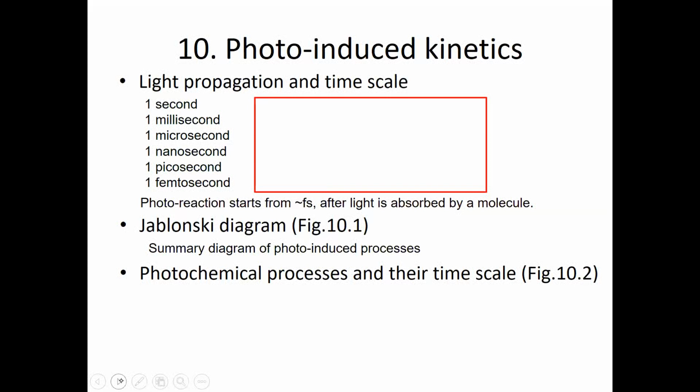Please calculate how far light can propagate in 1 second, millisecond, microsecond, 1 nanosecond, meaning 10 to the minus 9th, picosecond, which is 10 to the minus 12th, and femtosecond, which is 10 to the minus 15th second.